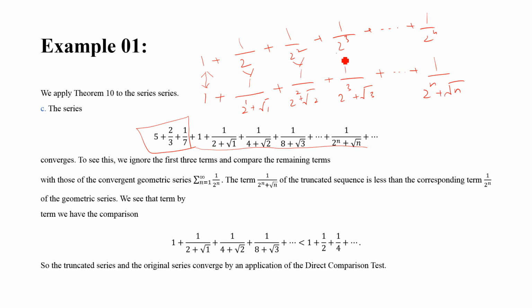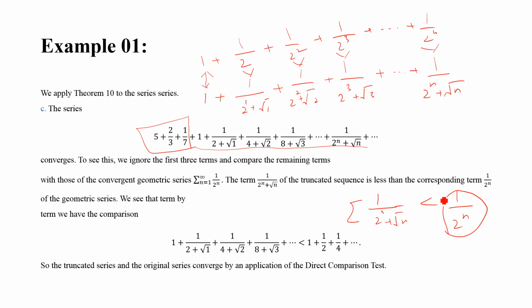Similarly, this term is less than 1 over 2 cubed. Similarly, this term is less than 1 over 2^n. So in general, we can say that 1 over (2^n plus square root of n) is less than 1 over 2 to the power n. Right? And we know that this series is convergent because it is a geometric series.